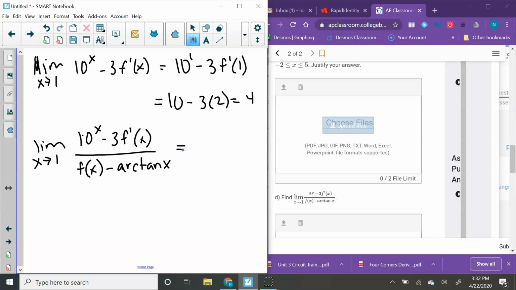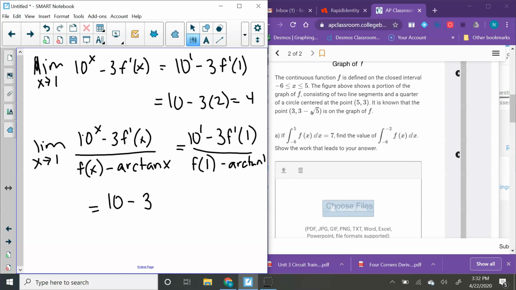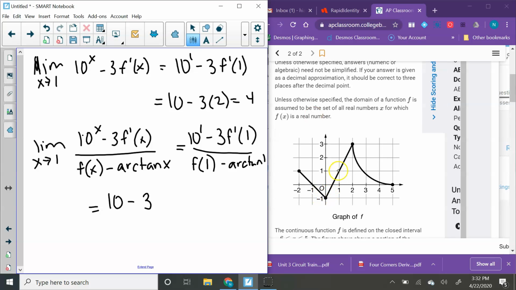So we're going to have 10 to the first minus 3 times f prime of 1 over f of 1 minus arctan of 1. And so this is going to be 10 minus, as we just said, 3, and then again the f prime of 1 is 2, because the slope of this graph right here is going to be 2 at x equals 1. So 3 times 2 right here.